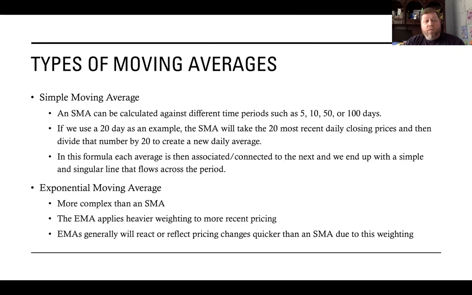Now, this doesn't necessarily mean it's better or worse, but I do want to call out a point here that I think is really important, and this is going to have a lot to do with how you trade and what your time horizon is: EMAs generally will react or reflect pricing changes quicker than an SMA due to the heavy weighting. So it's not going to put as much consideration onto those further out periods of time.